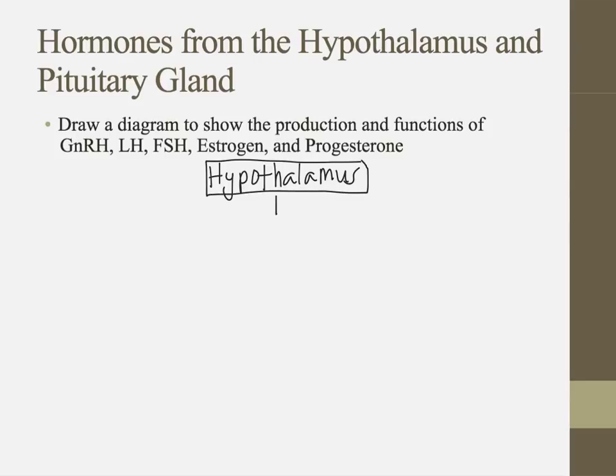The hypothalamus is going to secrete the GnRH, this gonadotropin releasing hormone. When the gonadotropin releasing hormone finds the anterior pituitary, it causes it to do some other things.